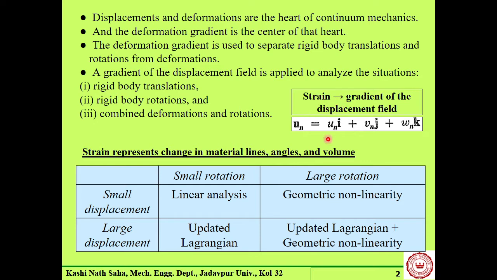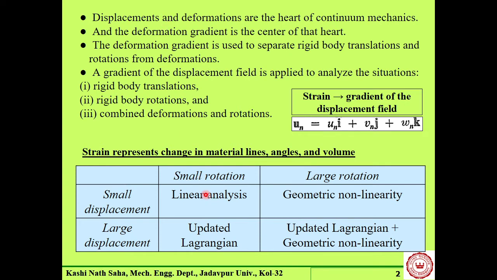So for small displacement, and this can be small rotation also, in general, the displacement and deformation give the complete behavior of the body deformation or body displacement. These are two components.